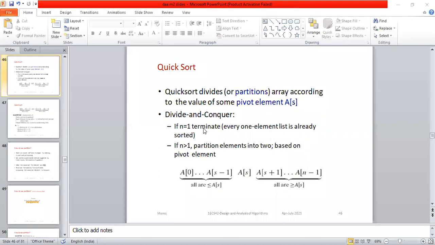In order to divide, you should have a minimum of how many elements? Can anybody tell? In order to divide, you need how many elements?